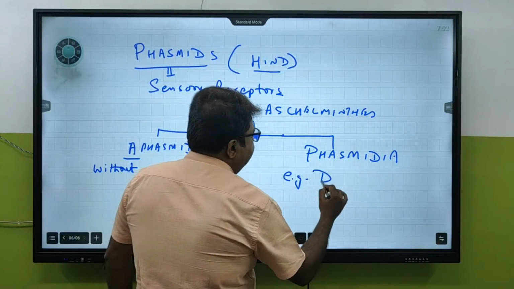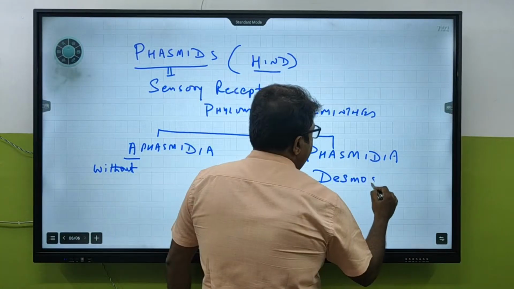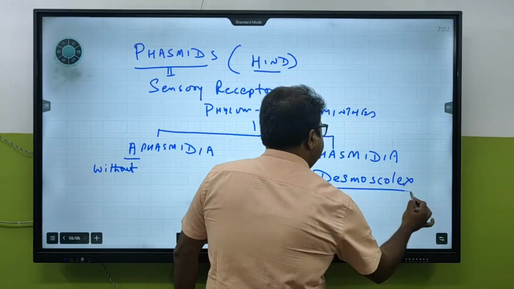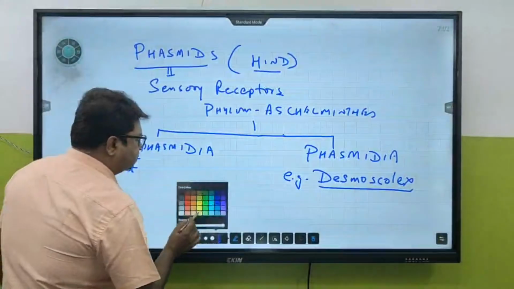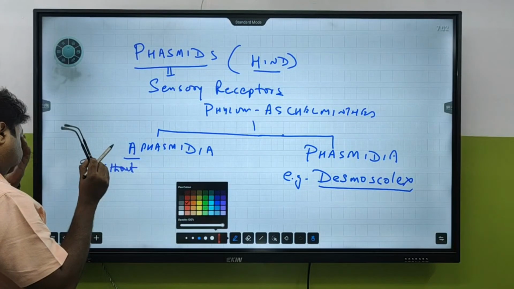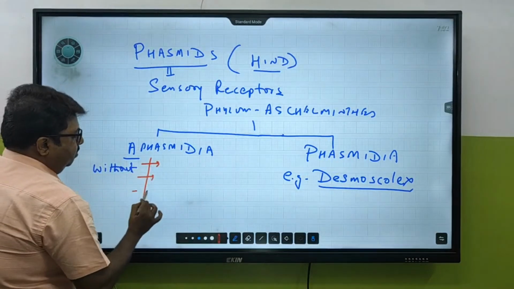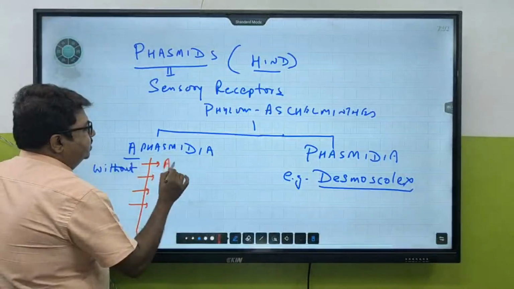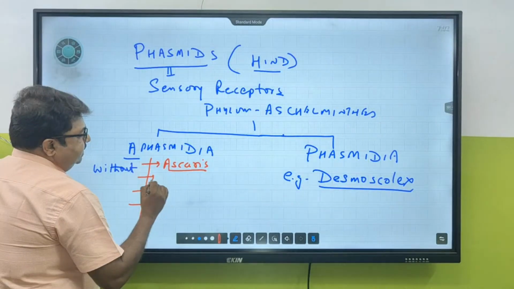An example of Aphasmidia is Desmoscolex. And the numbers of Phasmidia are huge. The first one is Ascaris lumbricoides.